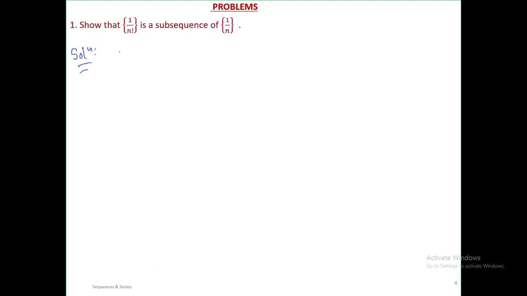First of all, what is a sequence? Sequence 1 upon n. Now what are the terms? 1, 1 upon 2, 1 upon 3, 1 upon 4, 1 upon 5, 1 upon 6, 1 upon 7, 1 upon 8, 1 upon 9, 1 upon 10, and so on.